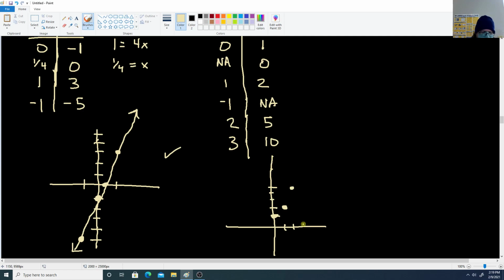And when x is 3, y is 10. So it looks like we're generating kind of half a parabola shape here. So as far as we can get, that's going to be what that graph looks like.